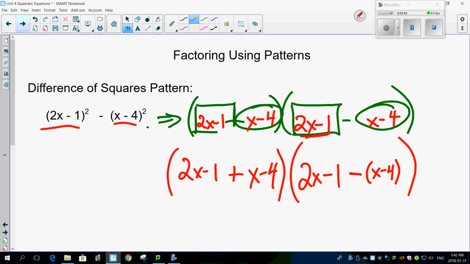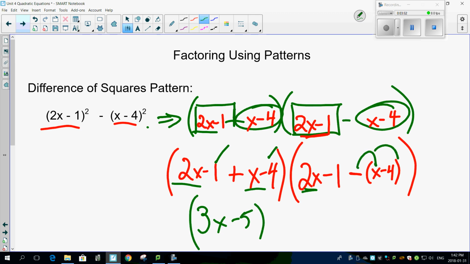See what I mean? So look what you've got. Combine like terms. That gives you 3x, that gives you minus 5. Here would be 2x, and distribute this to give you minus x plus 4. 2x and minus x is just x. Minus 1 and 4 is just 3.